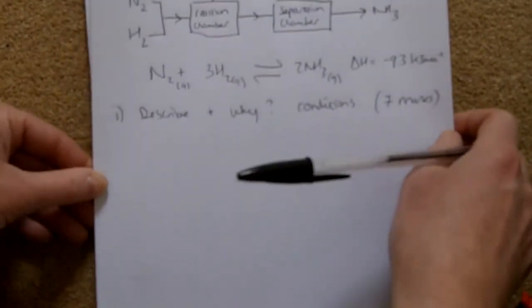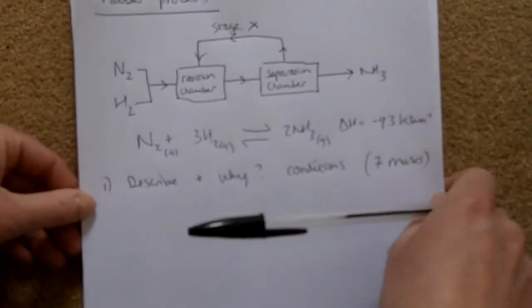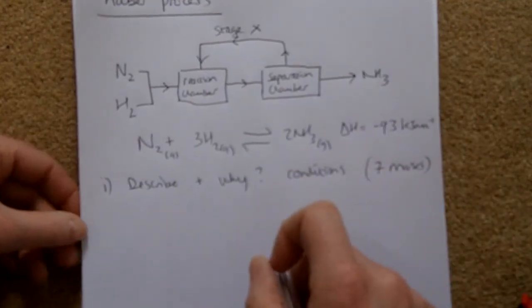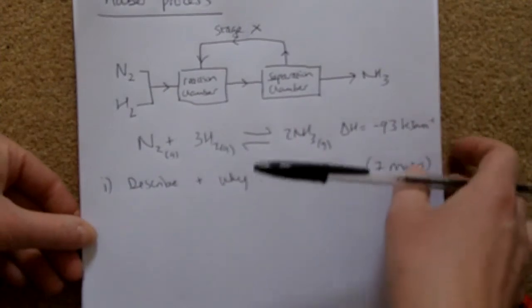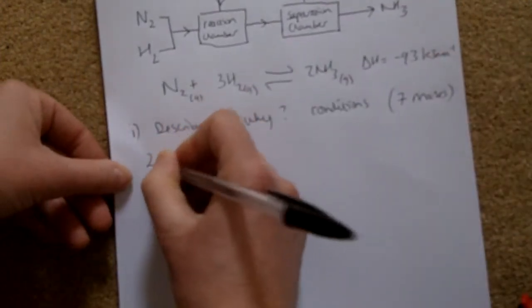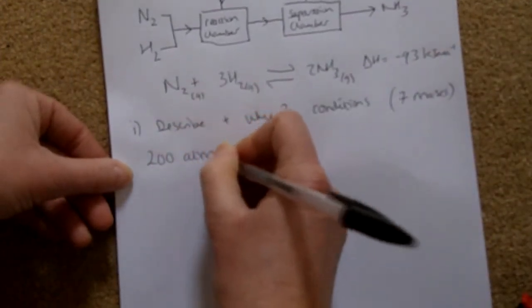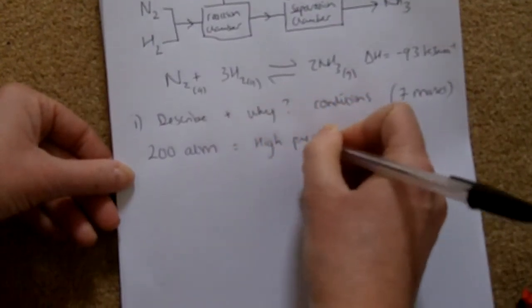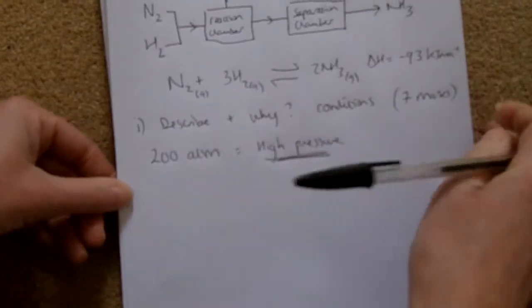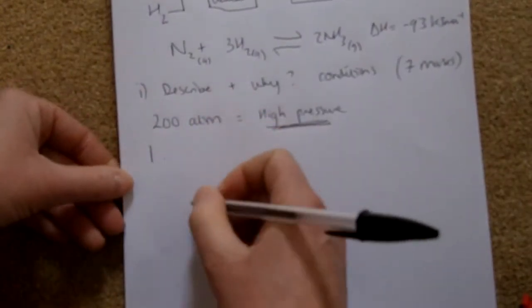So let's talk about pressure first. What kind of pressure do they actually use when they make ammonia through the Haber process? They use 200 atmospheres pressure, which is a high pressure. So why do we use a high pressure?